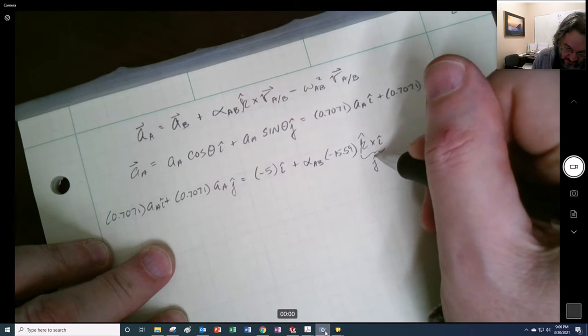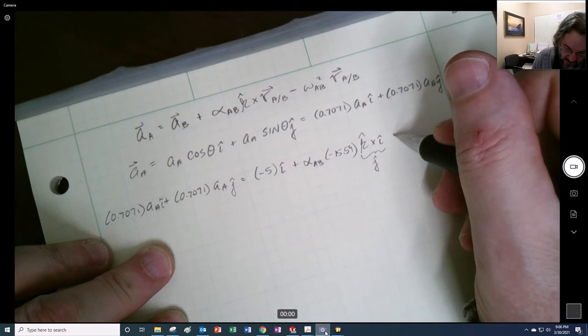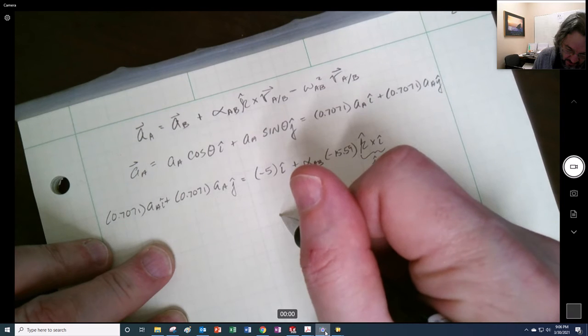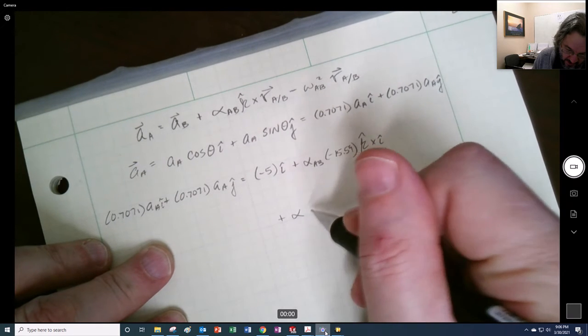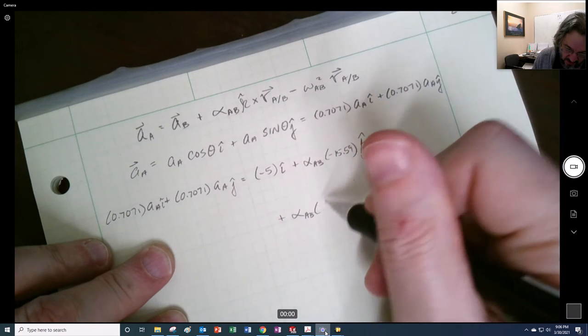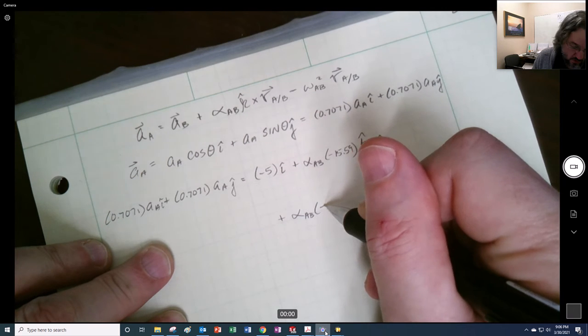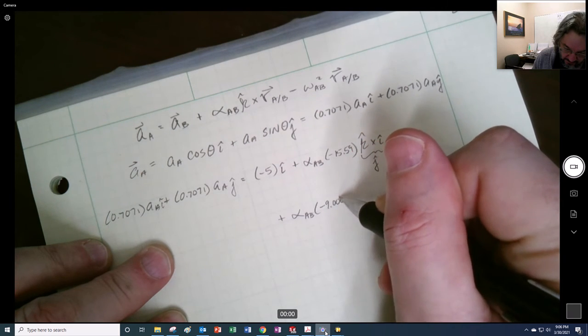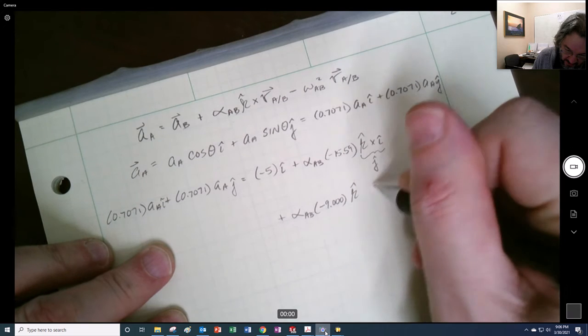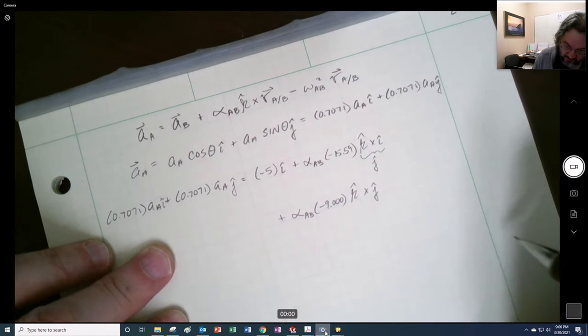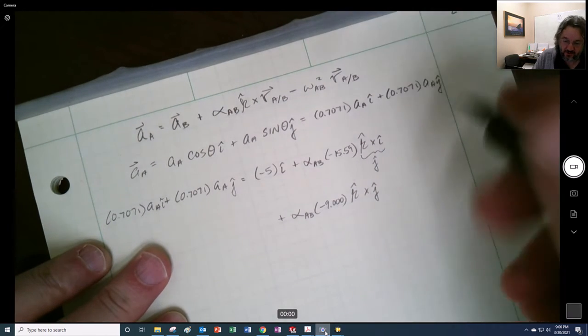We know that's going to be a j. And then I'm going to continue down here with alpha AB times R negative 9 k crossed with j.